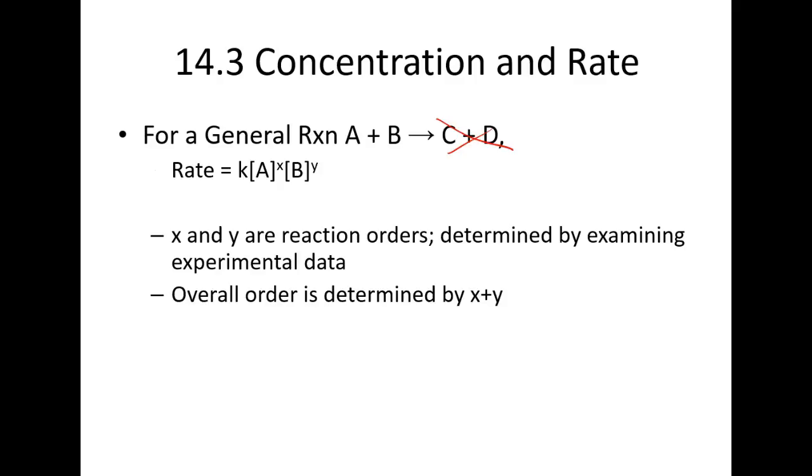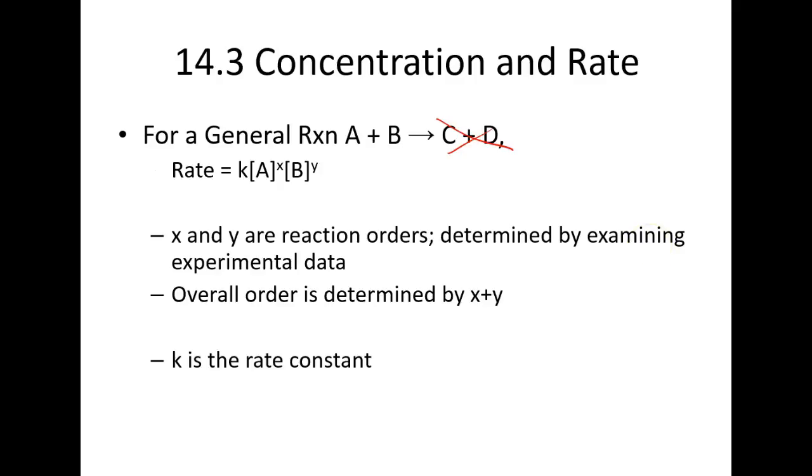The overall order is determined by taking x and y and adding them together. If x was 1 and y was 1, then your overall order would be 2, second order. If, on the other hand, x was 1 and y was 0, then it would be first order overall. So you just add them together.